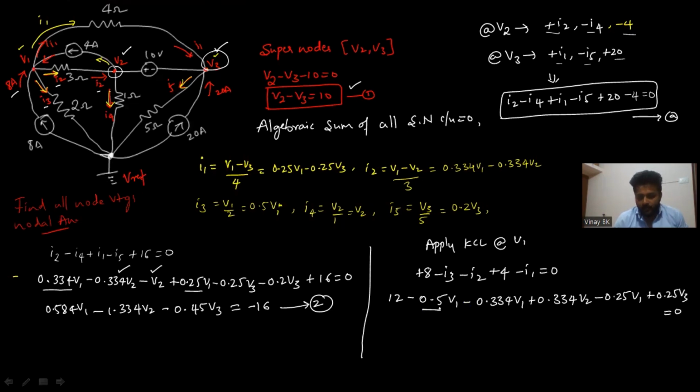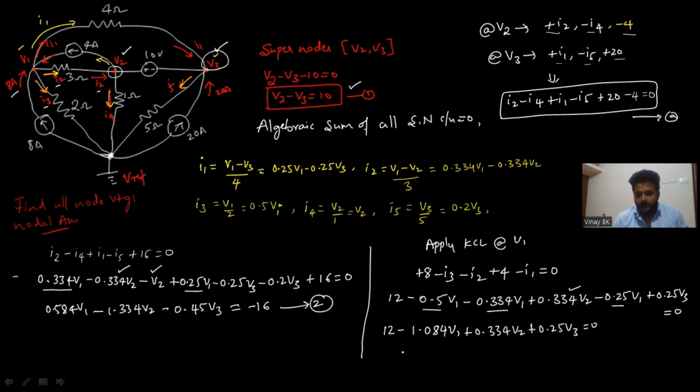Now we can see 0.5 V1, 0.334 V1, 0.25 V1. That is 0.5 plus 0.334 plus 0.25, so you get 1.084. 12 minus 1.084 V1; V2 only one is there, plus 0.334 V2; and V3 only one is there, plus 0.25 V3 equals 0.